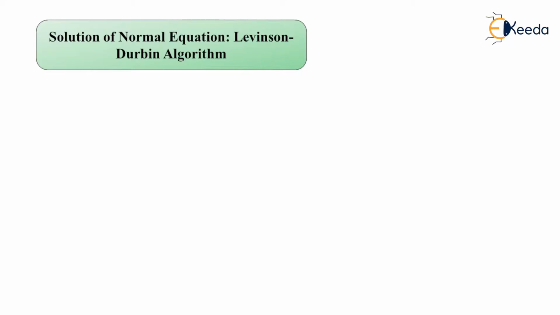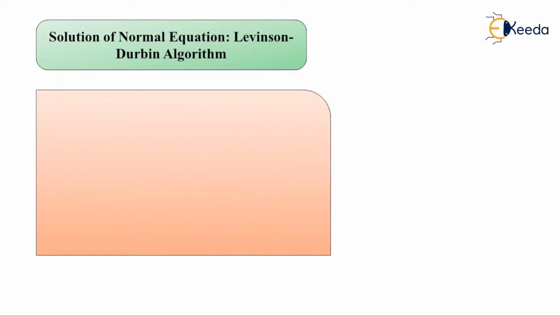We have shown the corresponding equation for the predictor of order p. These equations are also called the normal equations, and they can be expressed in compact form.